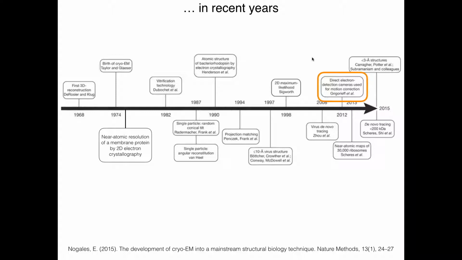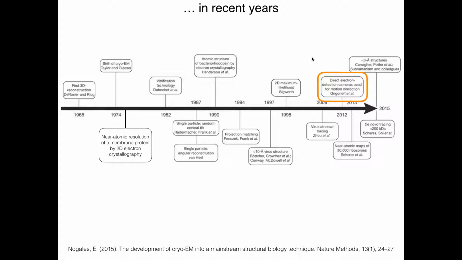And the reason for this, or one of the primary reasons for this, is the introduction of direct electron detectors. Many people in the field will tell you that actually it has been a steady development throughout these years.